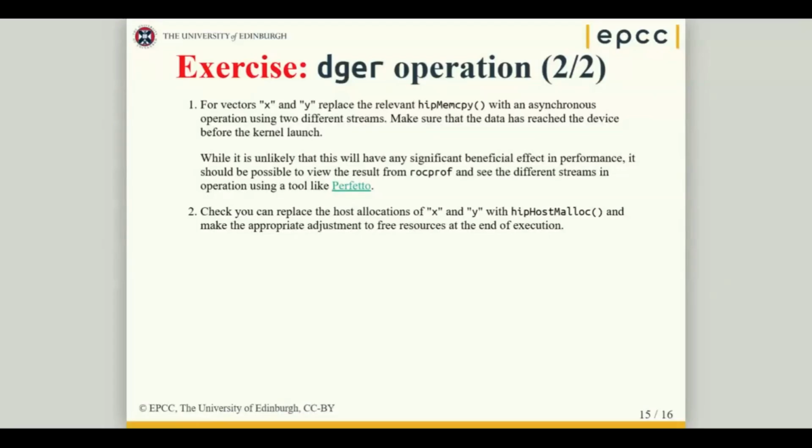We will create two streams. One stream will copy the vector x, and the other stream will copy the vector y. Also, make sure that the data is on the device before launching the kernel. For that, you will need to synchronize the stream.